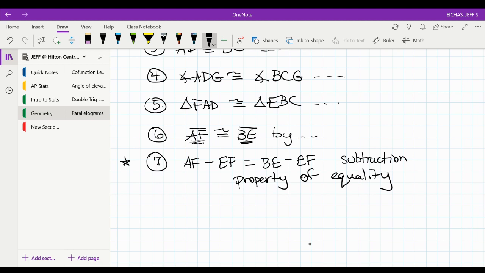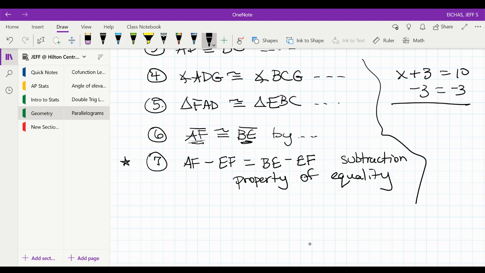That's like saying, I'll do this off to the side here, if you know x plus 3 is 10, one of our algebra moves is to subtract the same amount from both sides. That's legal, because we're subtracting an equal amount from both sides. That's the subtraction property of equality. It's an algebra property.